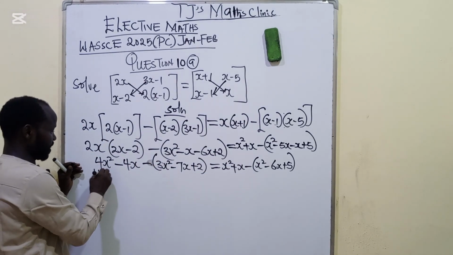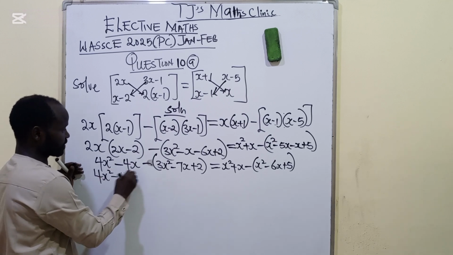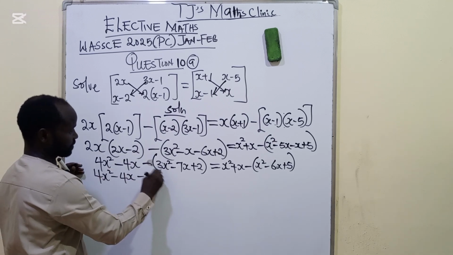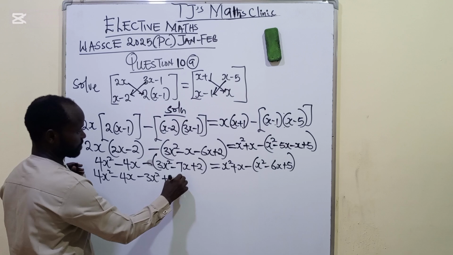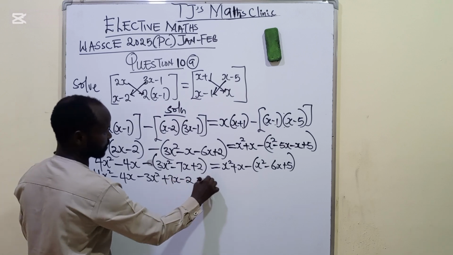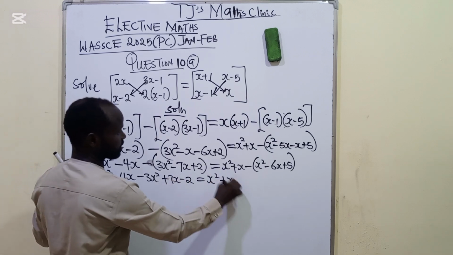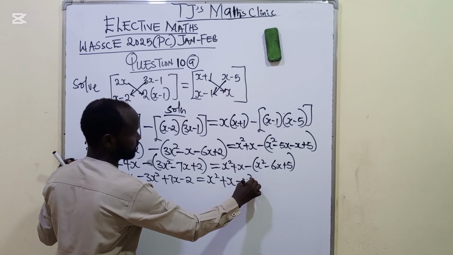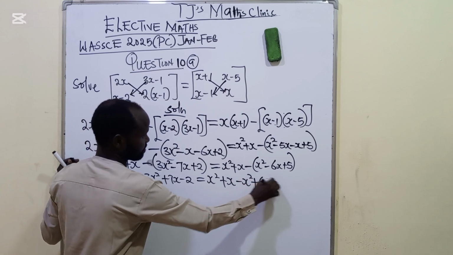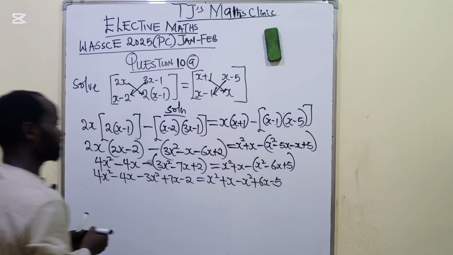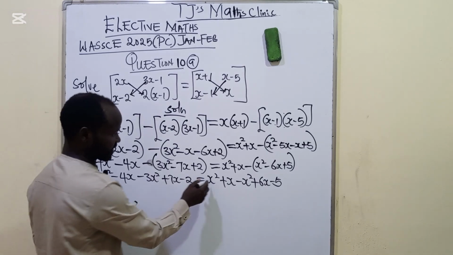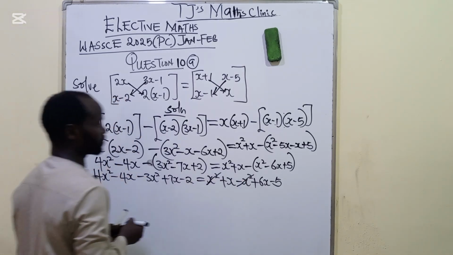We'll have 4x squared minus 4x minus 3x squared plus 7x minus 2 equals x squared plus x minus x squared plus 6x minus 5. On the right hand side, x squared minus x squared will be 0.